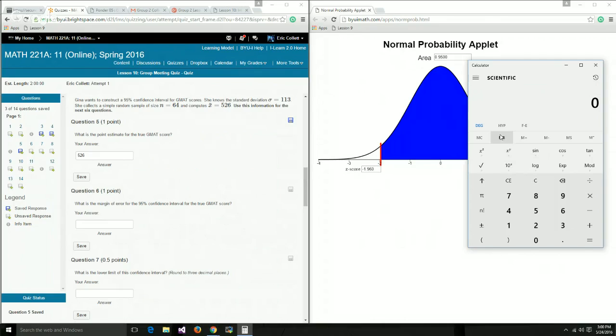If you have Windows 8 or something, it'll pop up as an application that goes on your whole screen. Emily, where's the button that you push to change it to scientific?